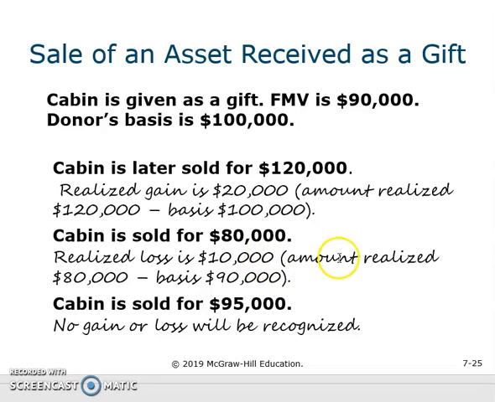If the cabin is sold for $80,000, the realized loss is going to be $10,000: the amount realized of $80,000 minus the basis of $90,000. If the cabin is sold for $95,000, there would be no gain or loss recognized on the sale of that asset because the sale price is between the fair market value and the donor's basis.